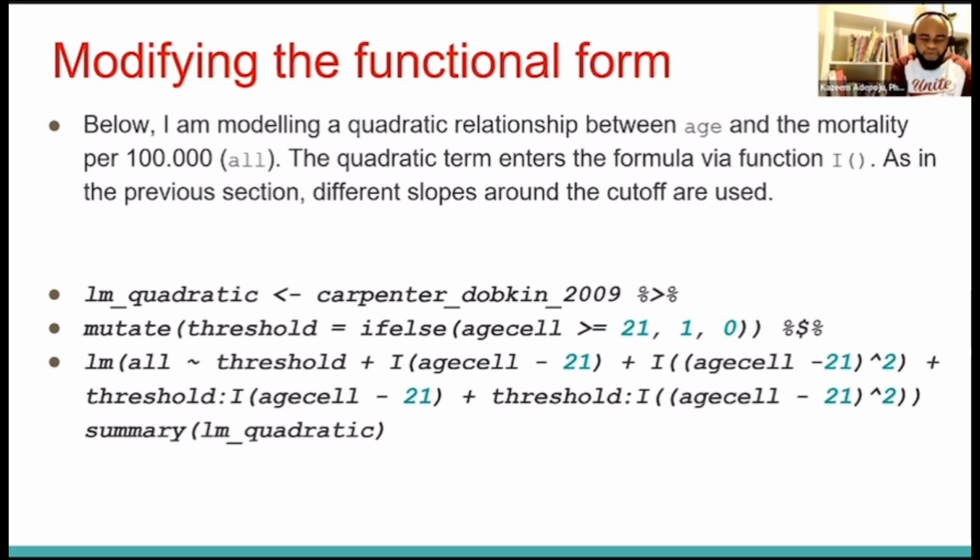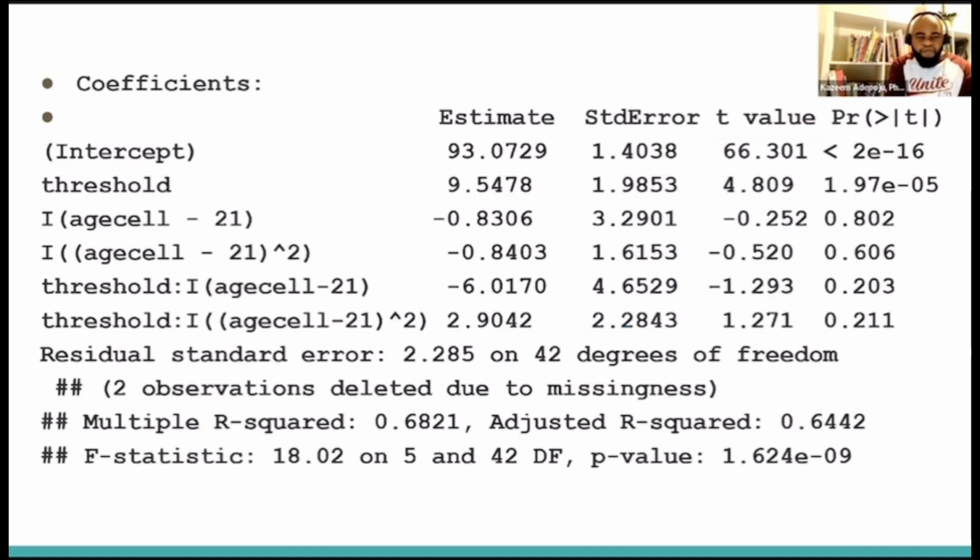This is the code, and in the end, the threshold goes up by 9.5478. So you can see the effect now: the mortality is 9.5478 higher on reaching the minimum drinking age of 21.